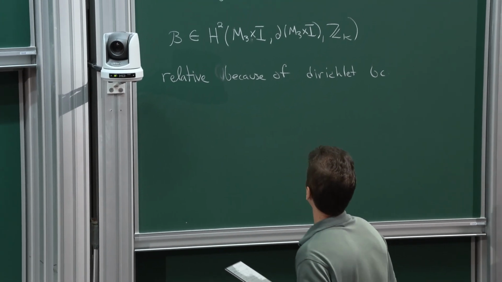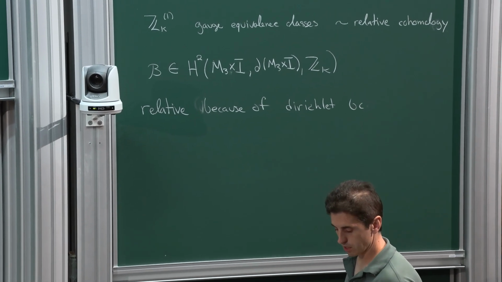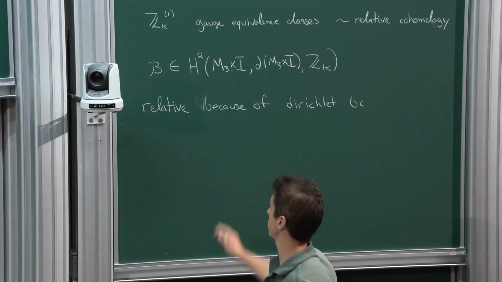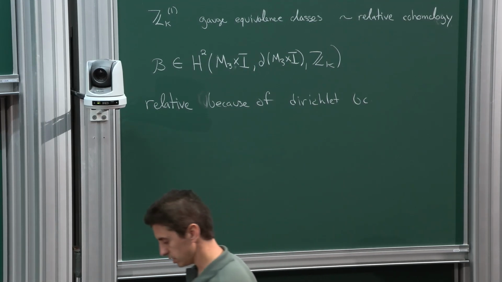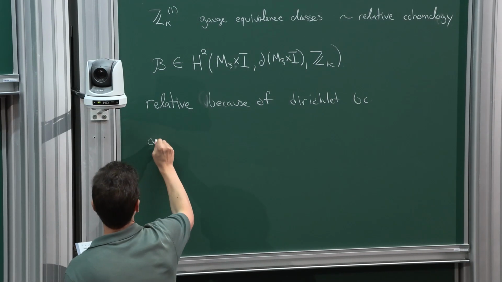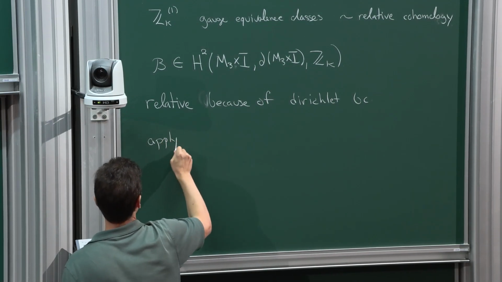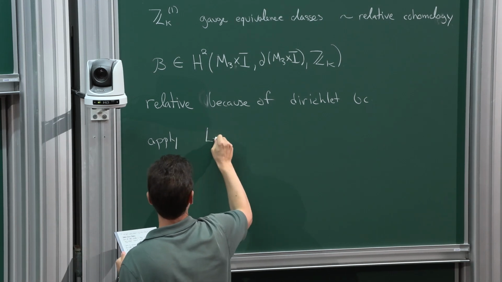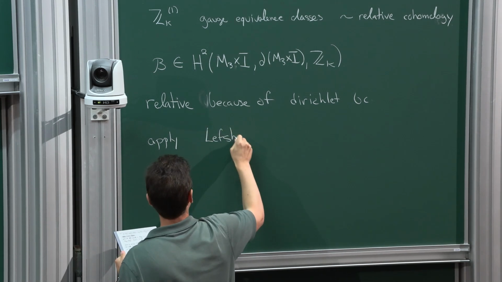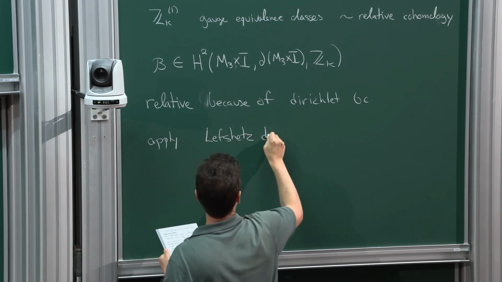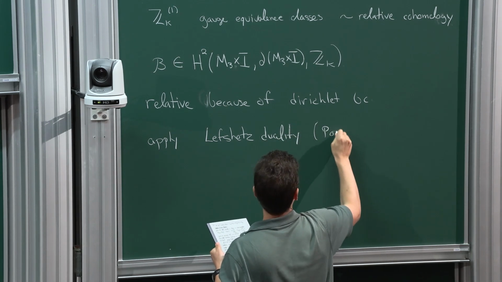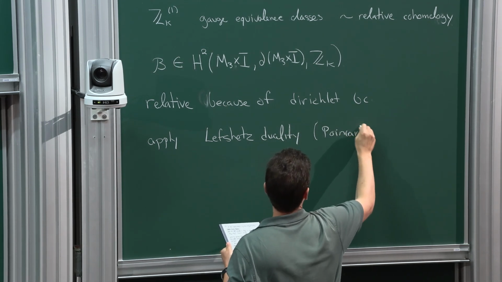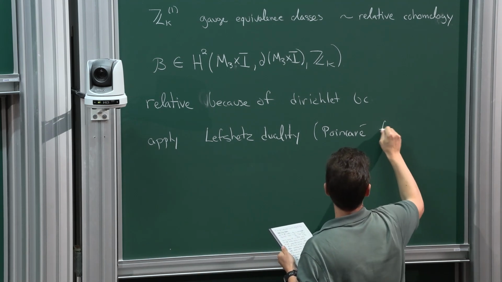Now, fortunately for us, there is a version of Poincare duality that enables us to manipulate that. So we'll apply what's called Lefschetz duality. This is Poincare for relative, basically.